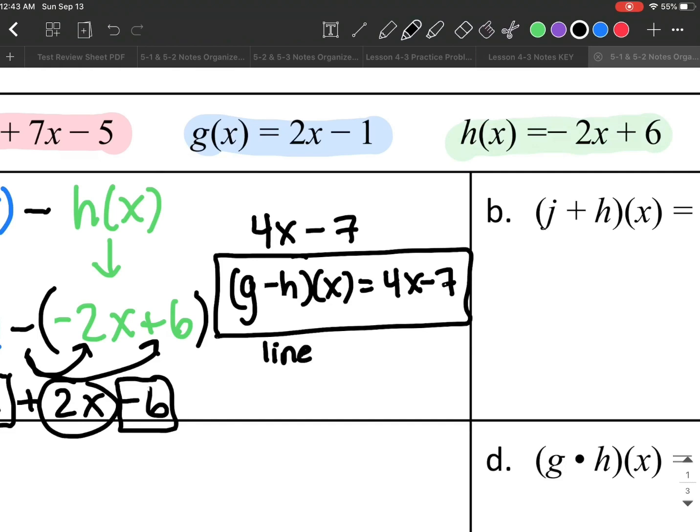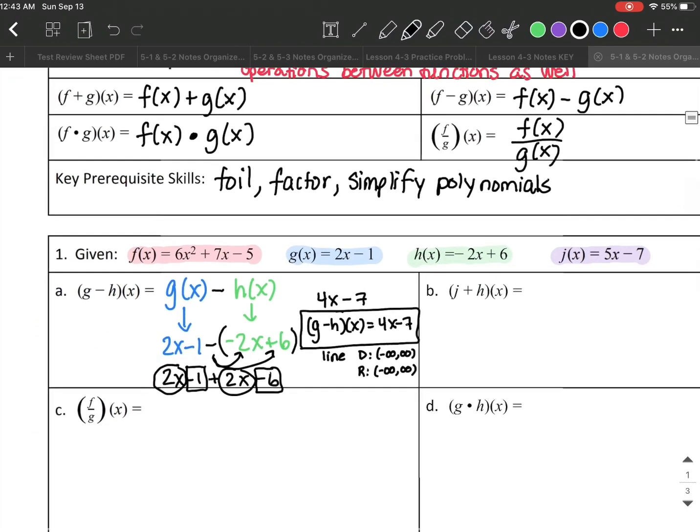And I know that there aren't going to be any breaks in that line. That line is going to be infinite. So I have negative infinity to positive infinity for the domain. And for the range, it's going to go infinitely on and on, no breaks. So negative infinity to positive infinity will be the range as well.